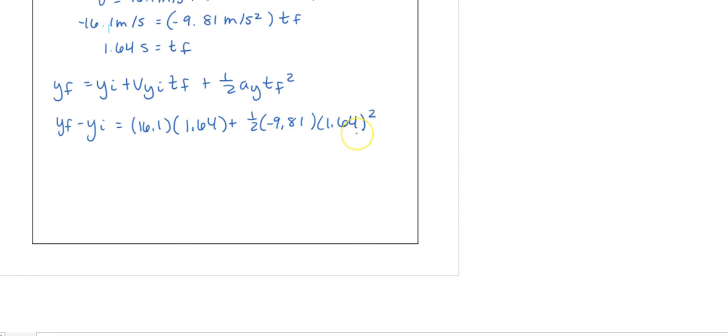And at this point, it's really just a math problem. So the change in y, or maximum height, we've also referred to this as y sub f because the top portion of that trajectory. When you do the math out, you get that it's 13.2 meters.